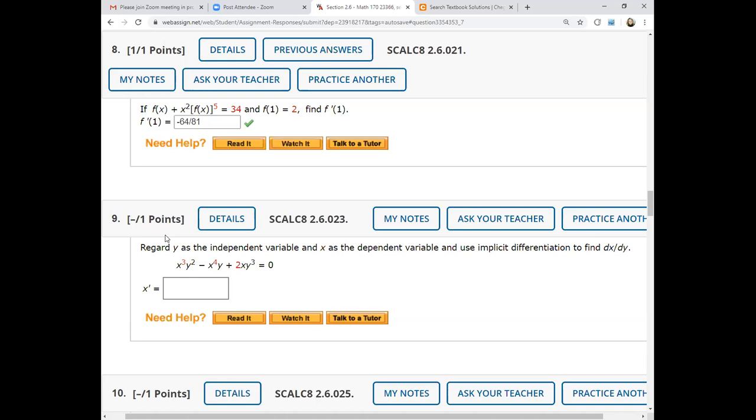So I have x cubed times 2y dy plus the second function y squared times x cubed x dy.